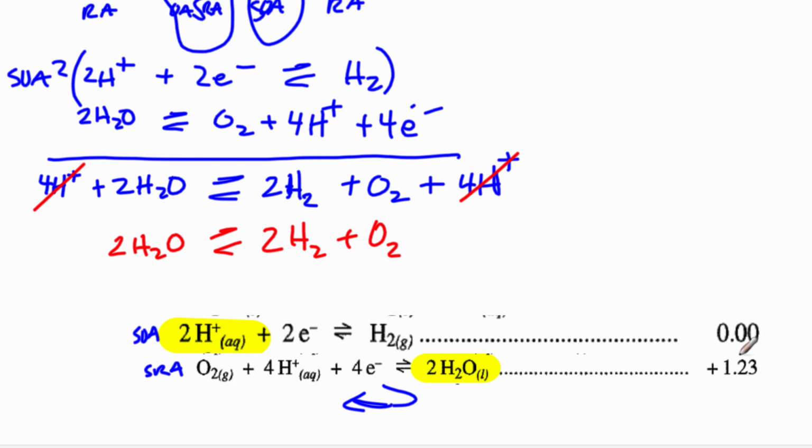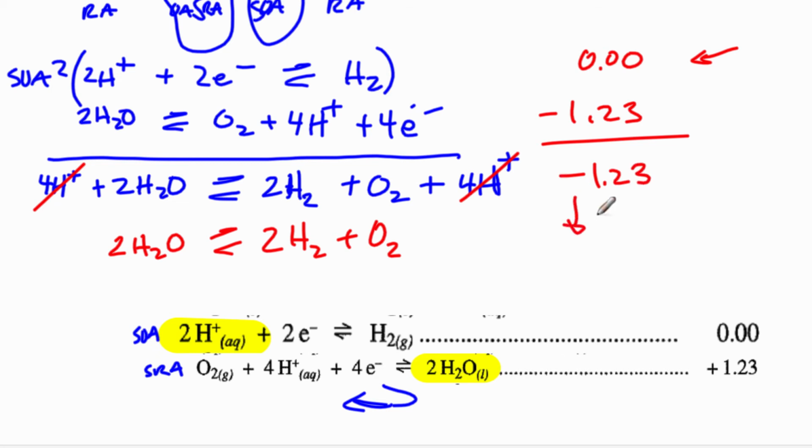Now, probably should do our spontaneity as well. This first reaction has 0.00 as its electrode potential, since all of the other electrode potentials are really referred to hydrogen as the base one. So it's 0, and then this one I had to flip around so that becomes a negative 1.23. If I add those together, I get negative 1.23.